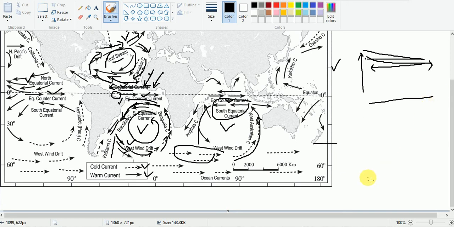At the same time, here also, let us say this side we have the equator, and this side we have the polar areas. Along the surface, warm ocean currents are transporting heat towards the poles, whereas from the polar areas, cold water is moving towards the equator, just at the bottom of the sea.